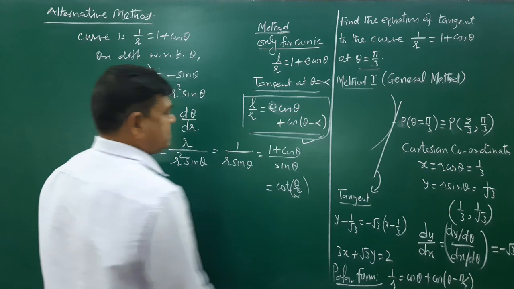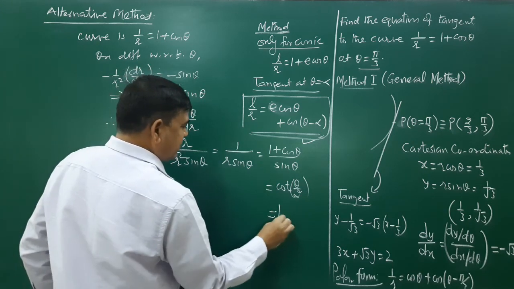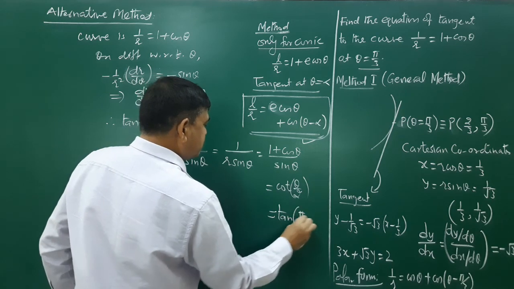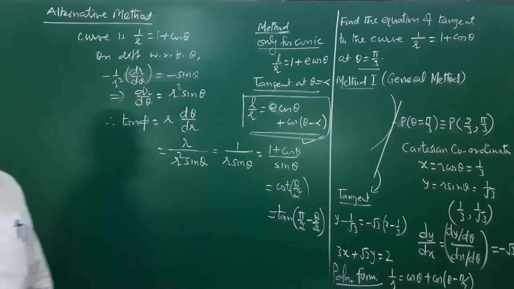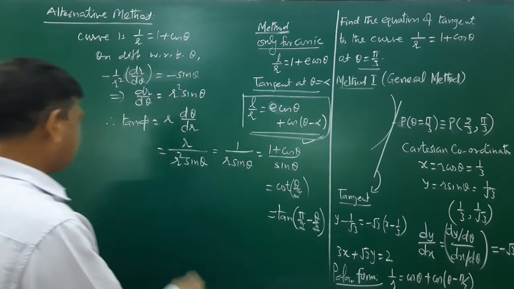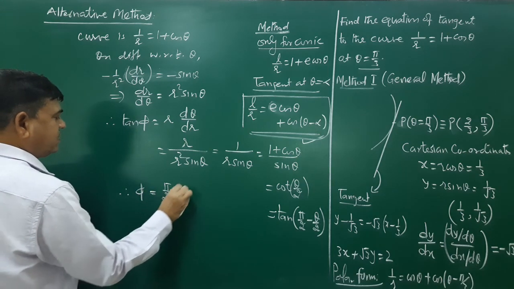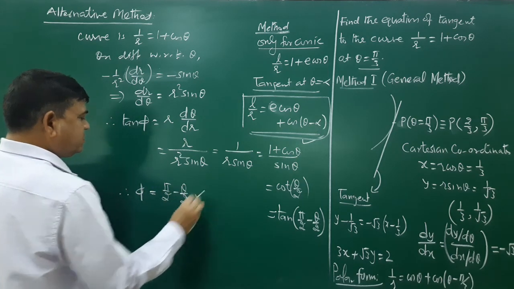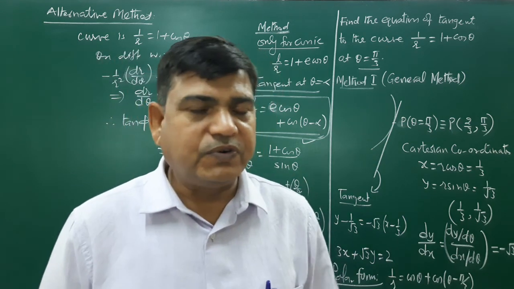When we simplify this, we have already done it. So tan phi is tan of pi by 2 minus theta by 2. Therefore, phi equals pi by 2 minus theta by 2. This we have already done just before.